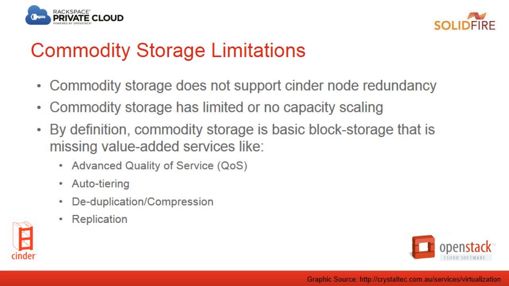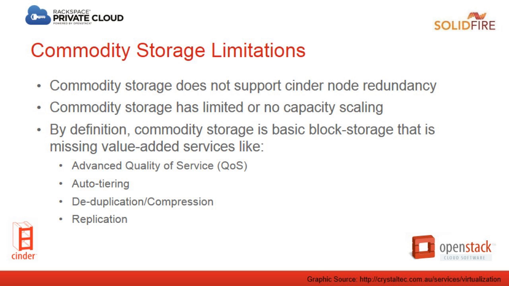As you would expect, along with those advantages, there are some limitations to using a commodity backend. First and foremost is the fact that a Cinder node volume server is not redundant. So if, in an environment where you have some amount of storage attached to your VMs, the supporting Cinder node that's serving out those volumes were to go down for some reason, those storage volumes become inaccessible to your cloud instances.